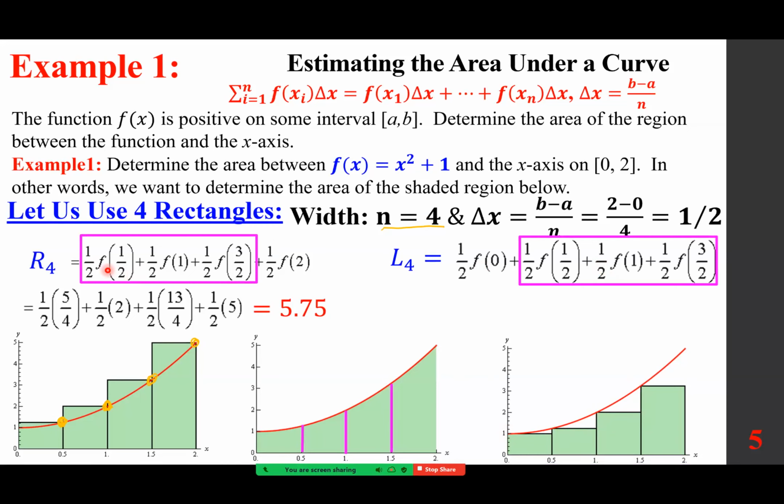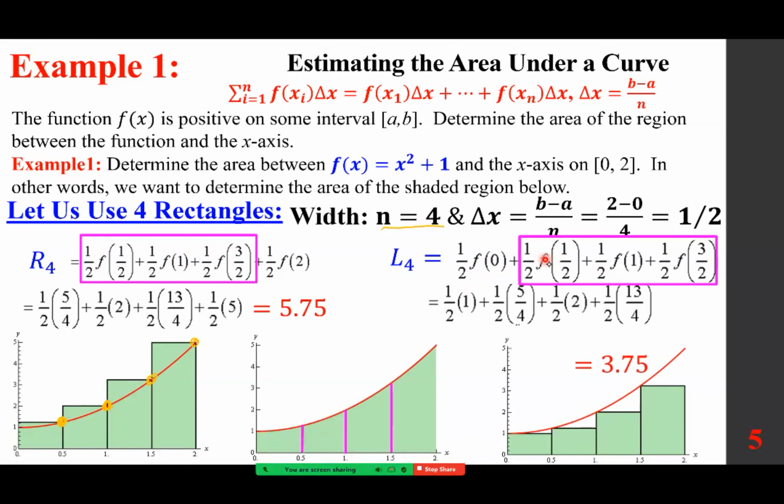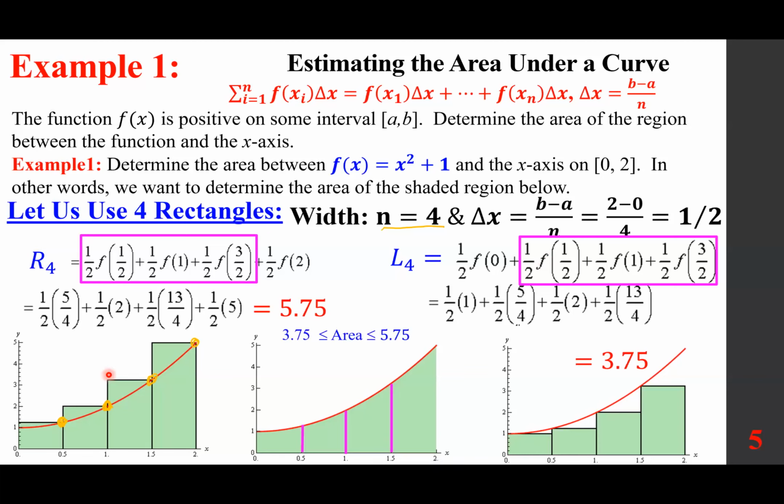All you have to do is keep this. When you calculate this one, just calculate half of f of 0 and add to it. You put it into a calculator and it gives you 3.75. So what is the area? None of the two. The area is somewhere in between. As you can see, this is larger than the actual area under the curve, and this is smaller. So we say this overestimates, this underestimates the area.